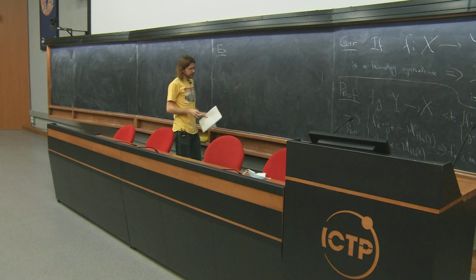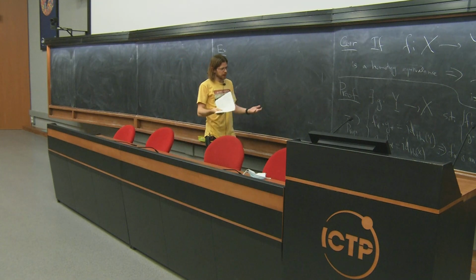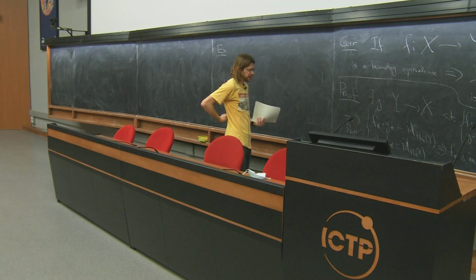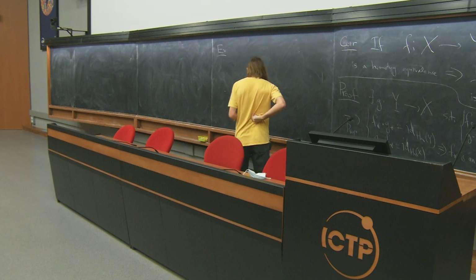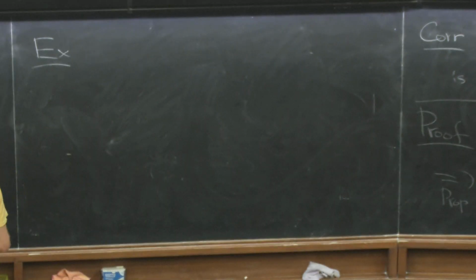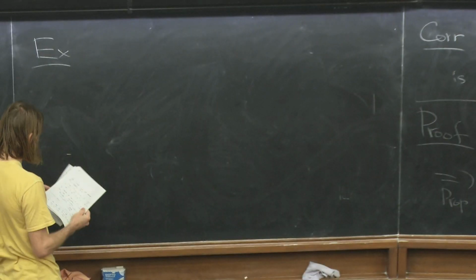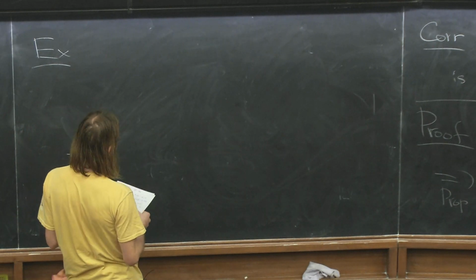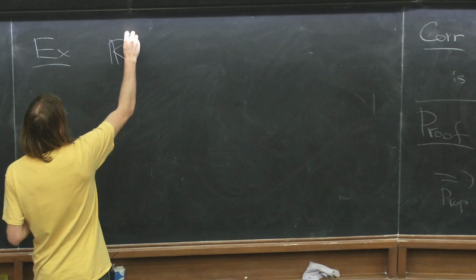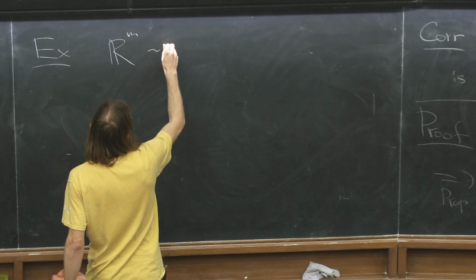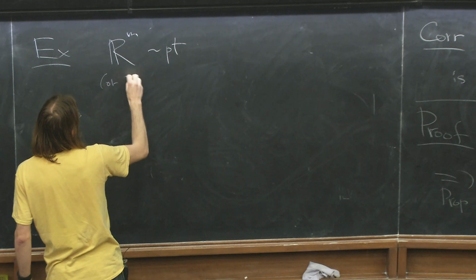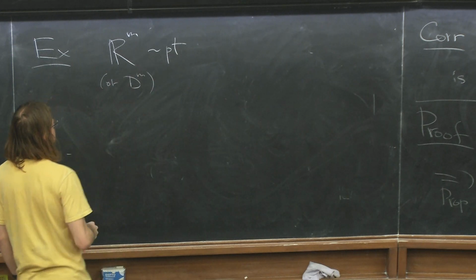So in particular, if we know the homology groups of some space, we immediately know the homology groups of topological spaces which are homotopy equivalent to it. In particular, we know the homology groups of a point, and we know that, for example, R^m is homotopy equivalent to a point, or you can also take, for example, a disk.